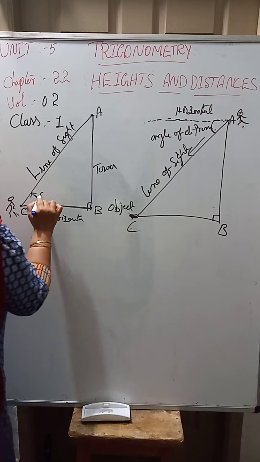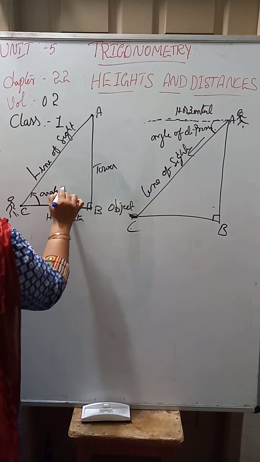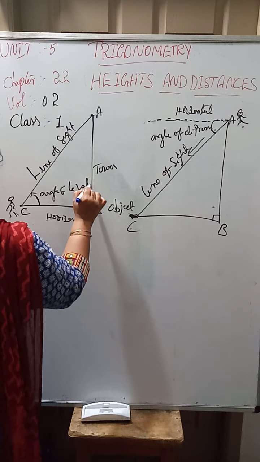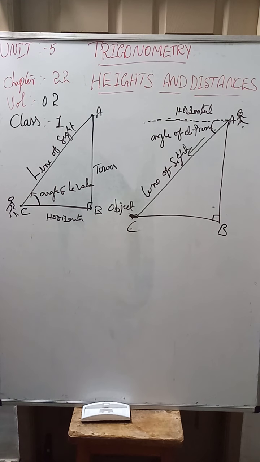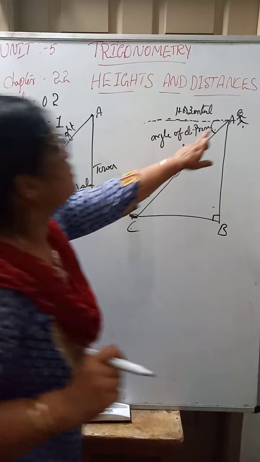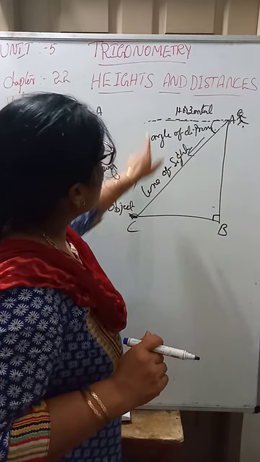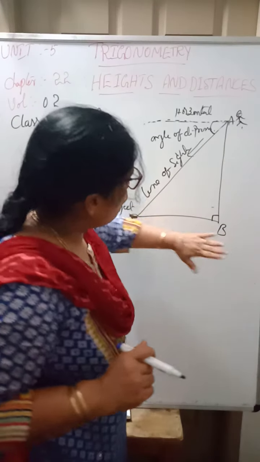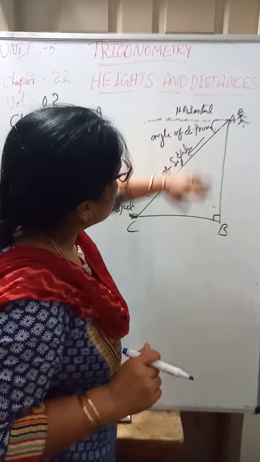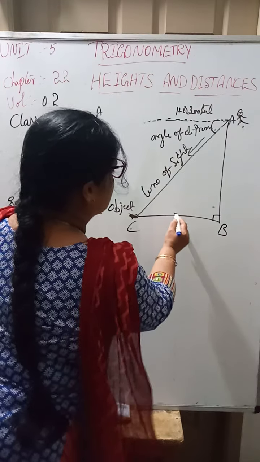This is the angle of elevation, because here also the same thing takes place: the angle situated between the line of sight and the horizontal. Always for the ground level, the horizontal line will be parallel like this.